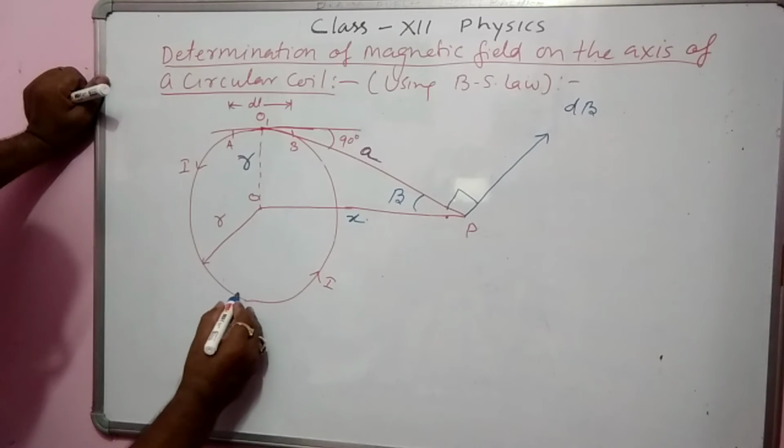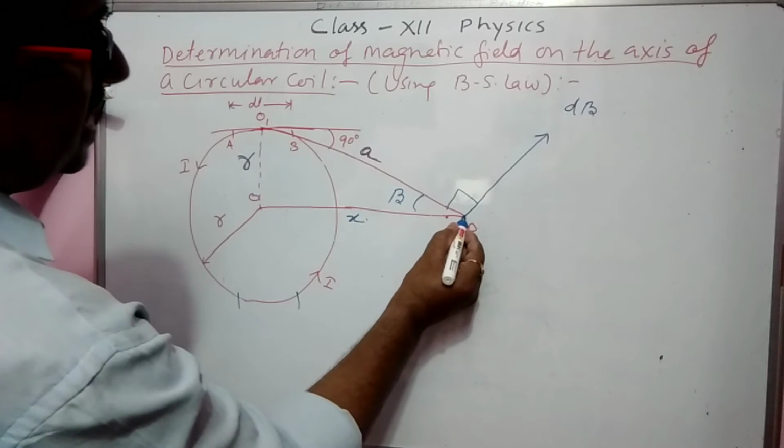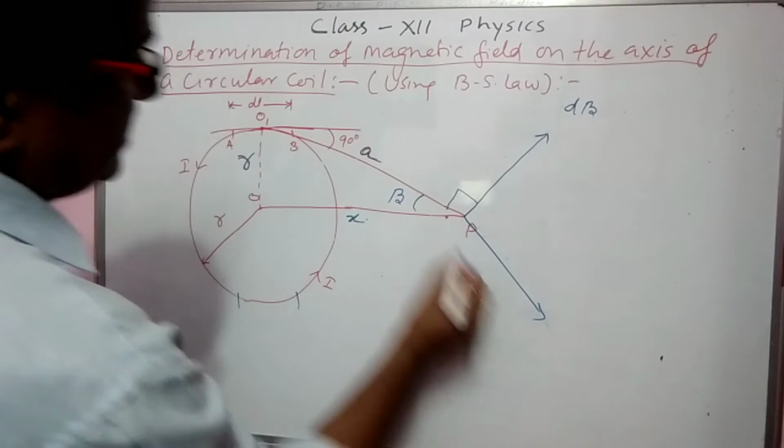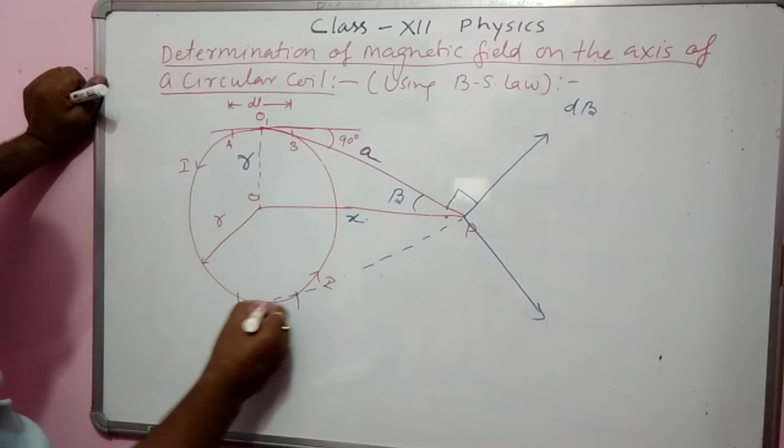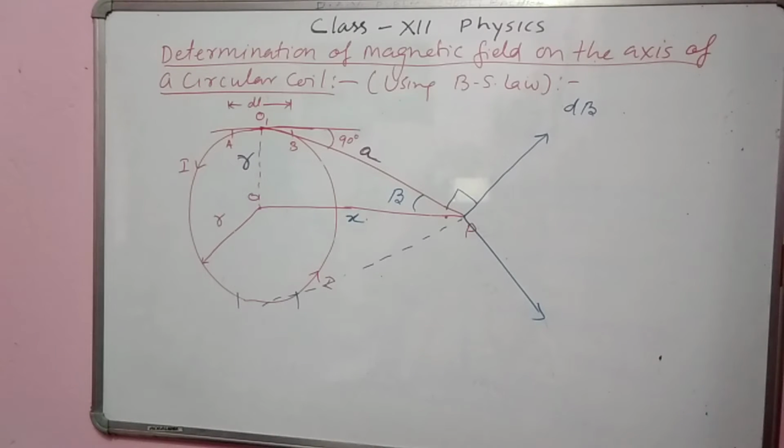Similarly, we can take another current element on the lower side, and its field will be along this direction, at 90 degree from the line.